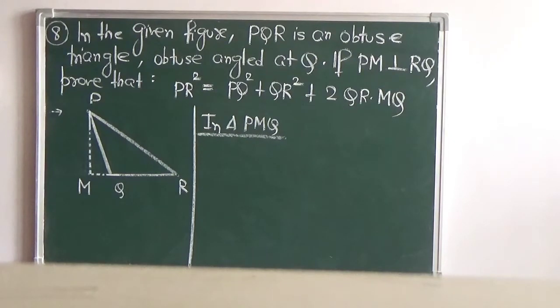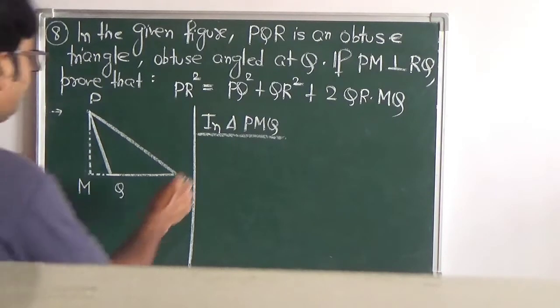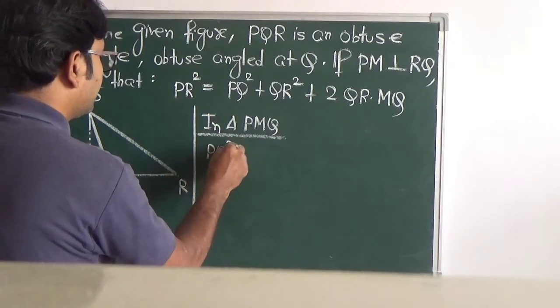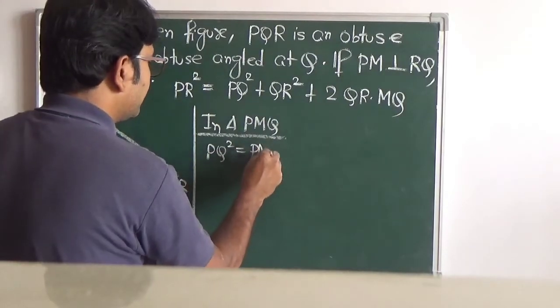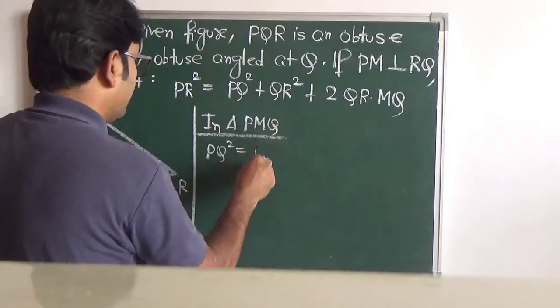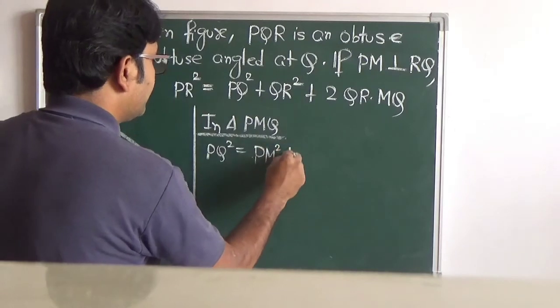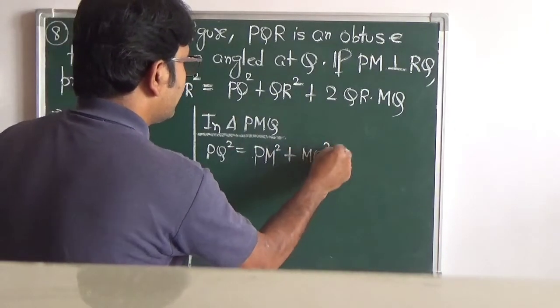We have PQ square is PM square plus MQ square. So we have PQ square equals PM square plus MQ square.